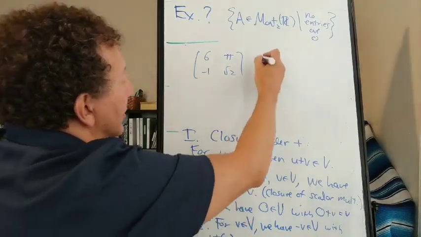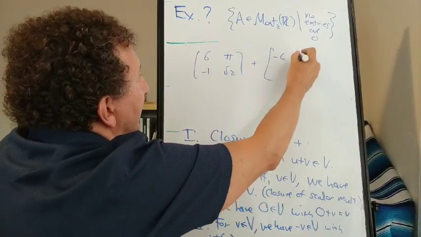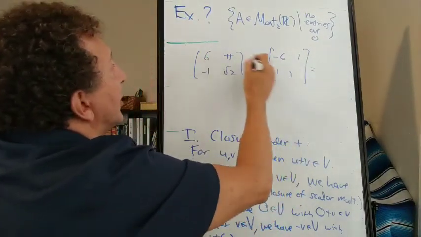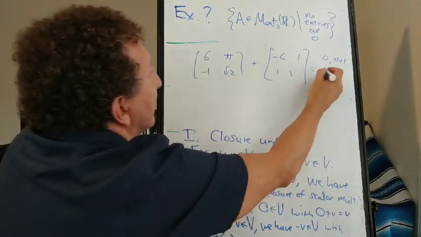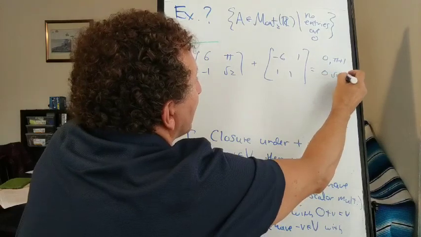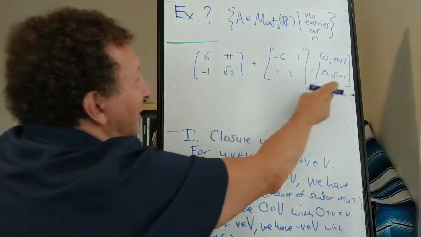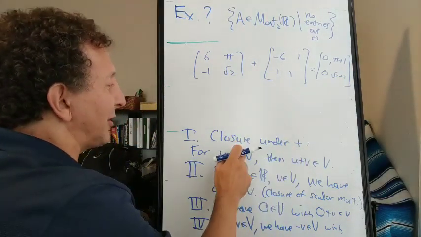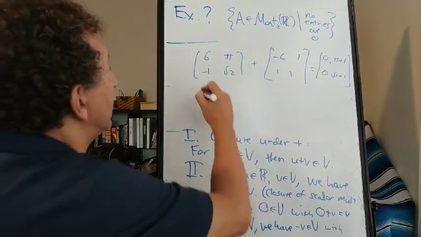That has no zeros in it. But then negative 6, 1, 1, 1 is going to add up to 0, pi plus 1, 0, square root of 2 plus 1. So it's possible to add two of these together and get something that's not in this set. So therefore this is not closed under addition. And since it's not closed under addition, it's not a vector space. We don't even need to check all of the other rules.